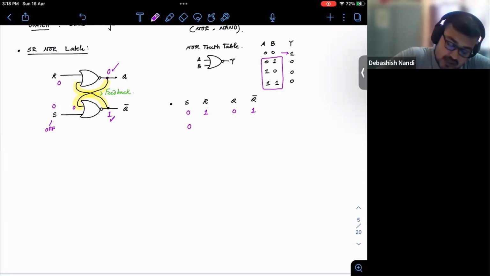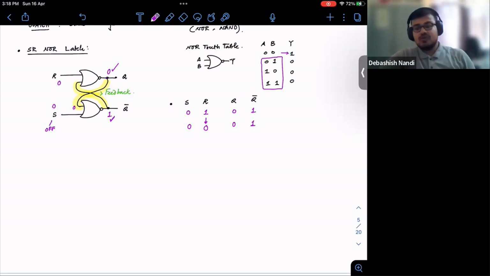So if you make it 0 and you just switch the R terminal off, your Q will remain 0, right? And what will be Q bar? Obviously if it is remaining 0, as you did not change, so it will only be 1, right? So you try to visualize it in this way that you have two ports, right?